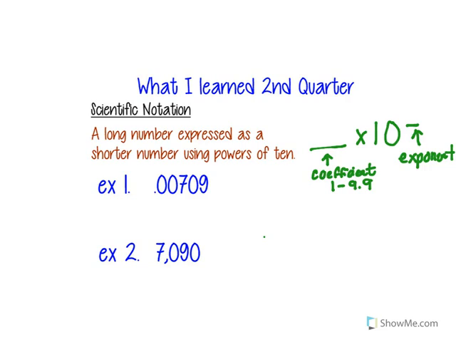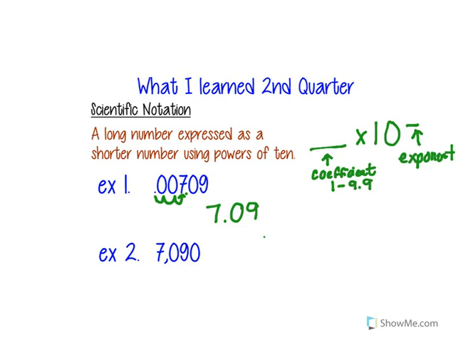Okay, so the first thing that we're going to do is take this longer number and make it into a shorter version to represent this as a power of 10. So we are going to move our decimal point 3 spaces, 1, 2, 3, to make our number 7.09. We want it to be 7.09 because we want a number between 1 and 9.9.